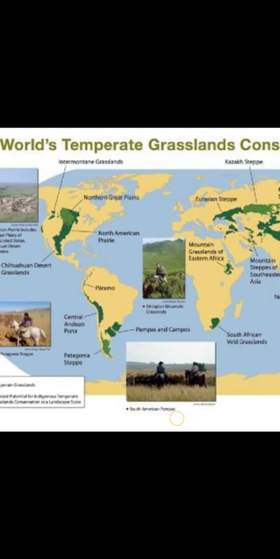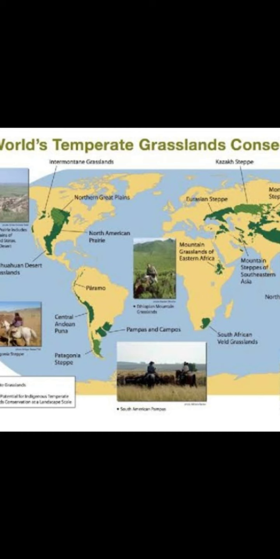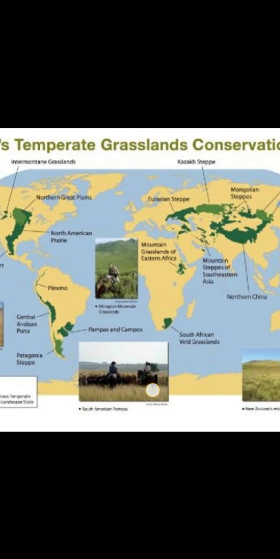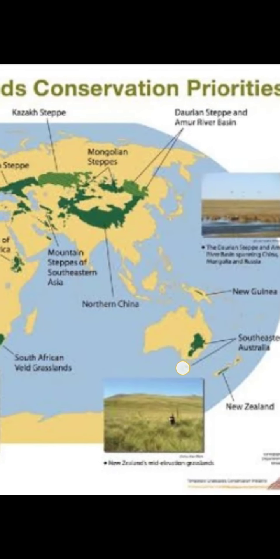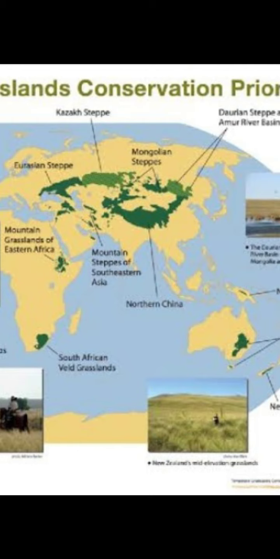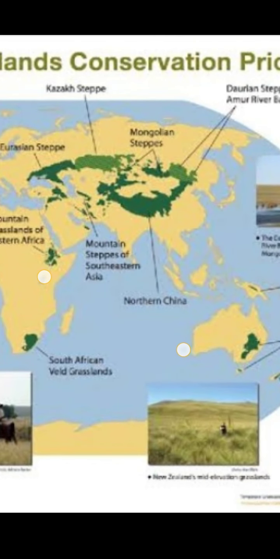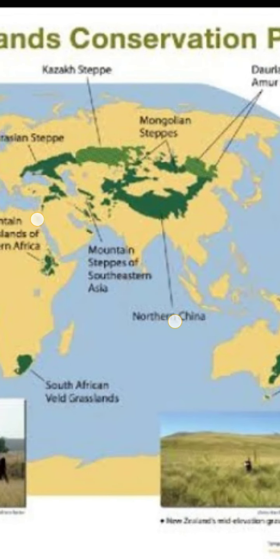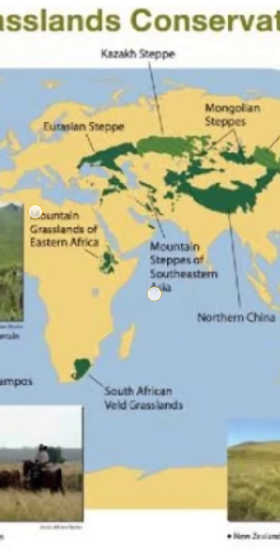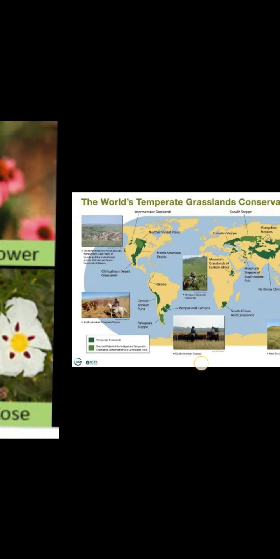Look closely: they are mostly in the USA, the southern part of Argentina or Chile, South Africa, and the eastern side of Australia. We also find temperate grassland in Mongolia, northern China, and some parts of Eastern Europe, like the Eurasian steppe.